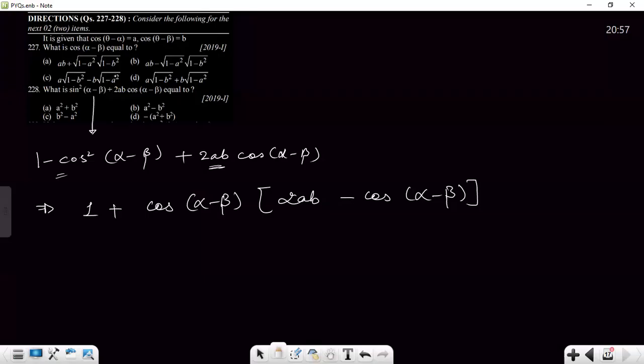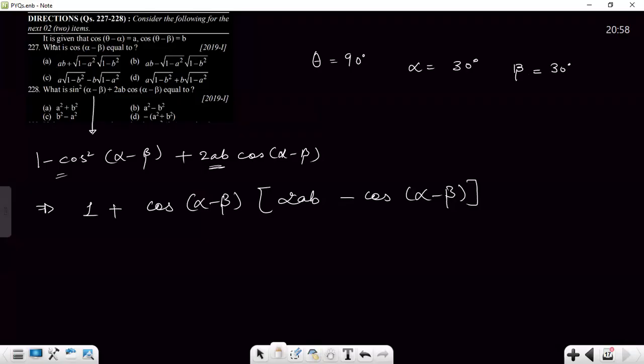Let's assume theta as 90 degrees, alpha as 30 degrees, and why not beta as the same? Let's assume beta also as 30 degrees.